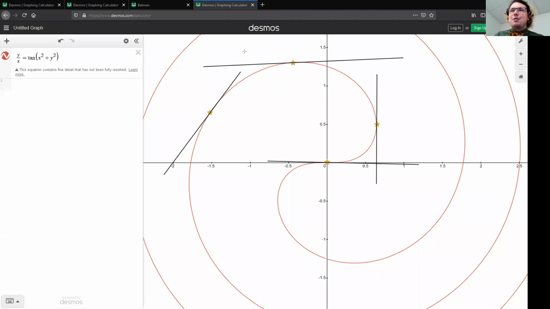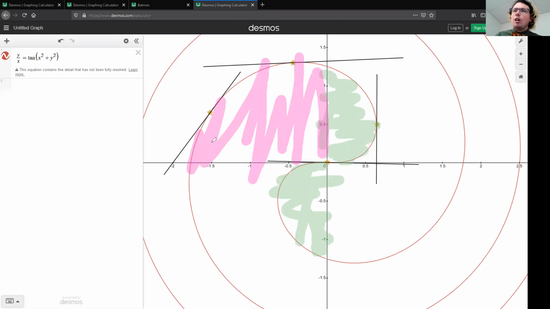Or if I wanted to find the amount of area encapsulated by this curve, I should be able to do that too, right? How much area is in this region right here, or in this region right here, and so on. All of the normal calculus stuff.